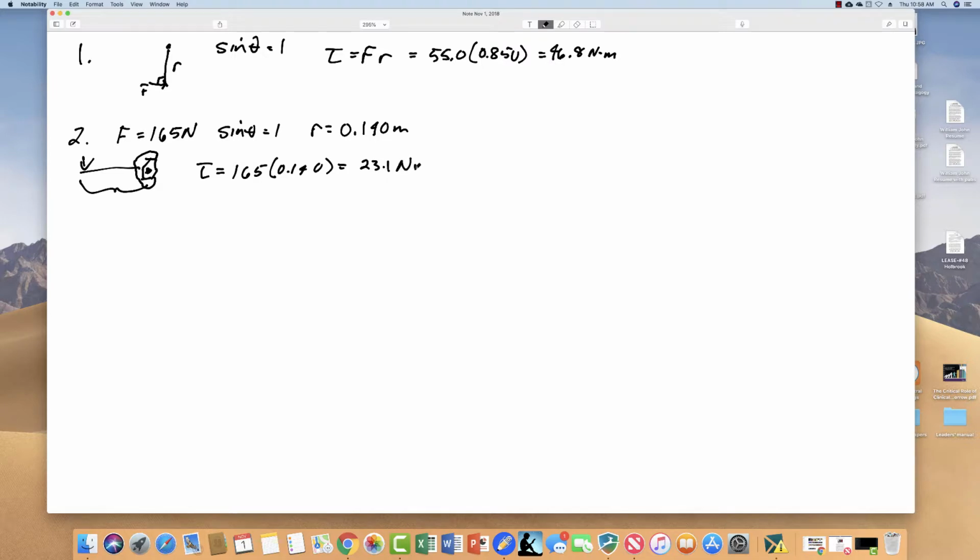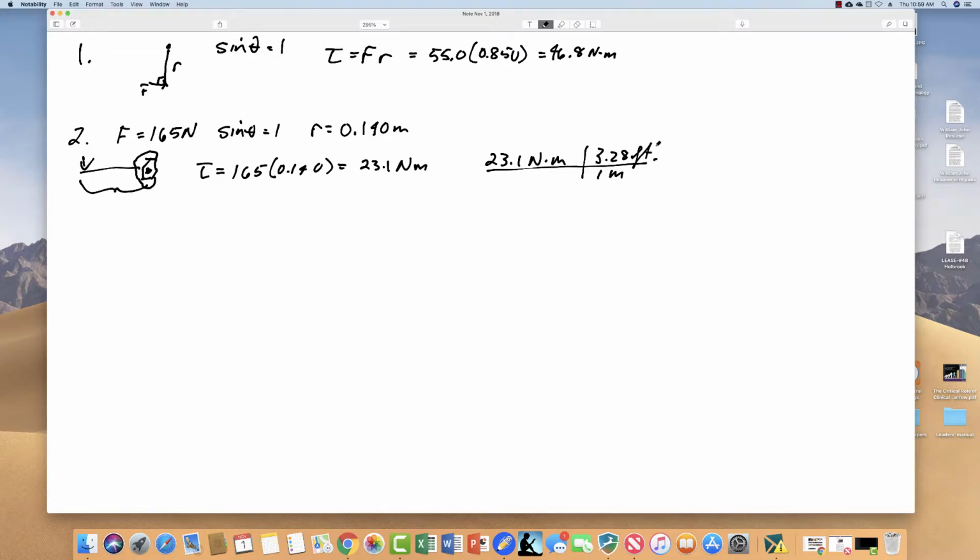Now they ask for the same answer, but they ask for it in foot-pounds. There's two ways you can do this. You can basically say, okay, you have 23.1 Newton meters, and so 1 meter is how many feet? It turns out it's 3.28 feet.